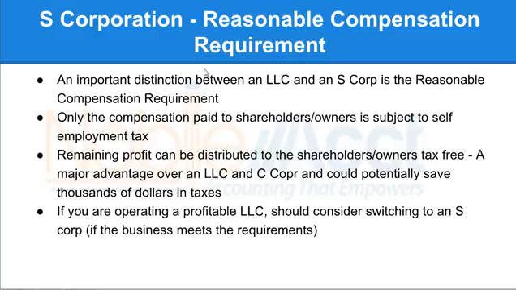Now what separates an S corporation from the LLC is a reasonable compensation requirement.